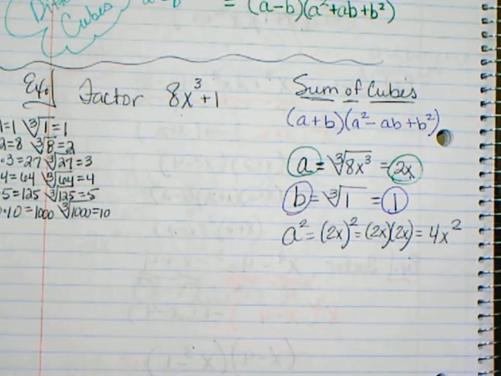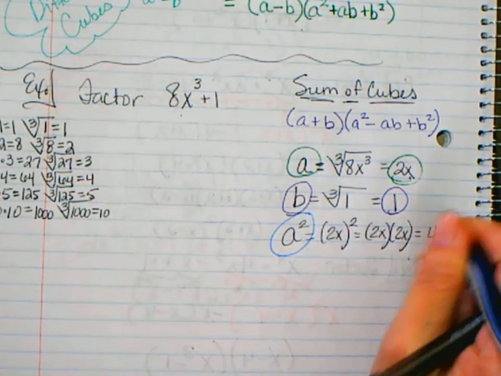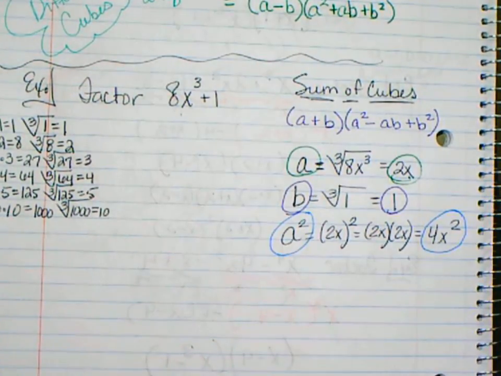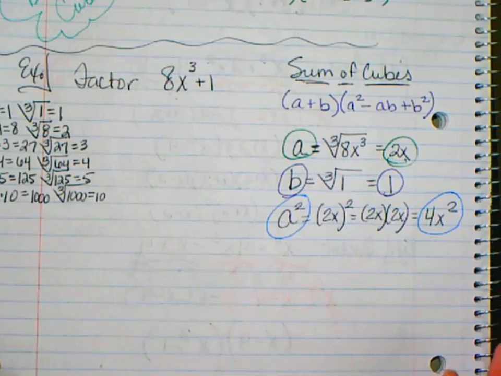So in my pattern, when I see an A squared, I will plug in a 4x squared. Everybody cool so far? Am I going too fast? Too slow? Or just right? Must be just right.